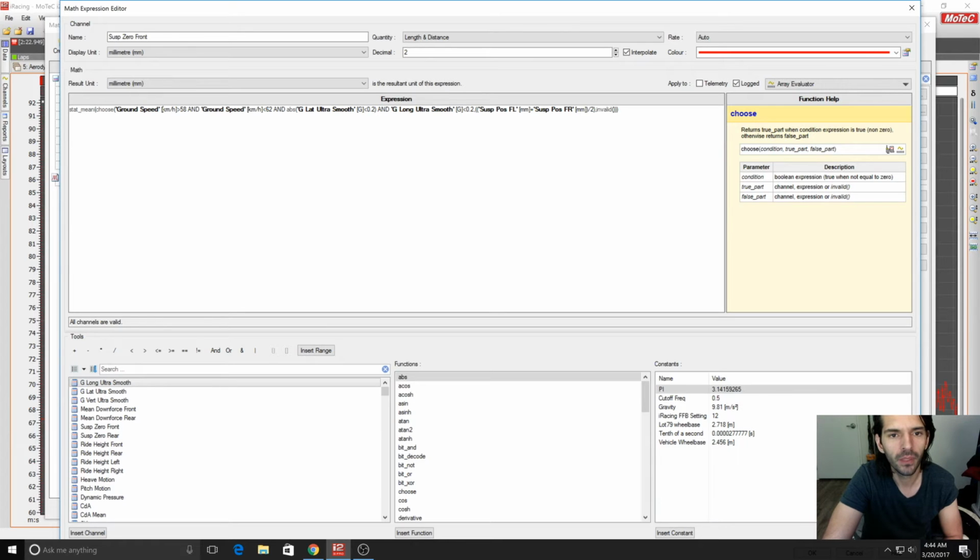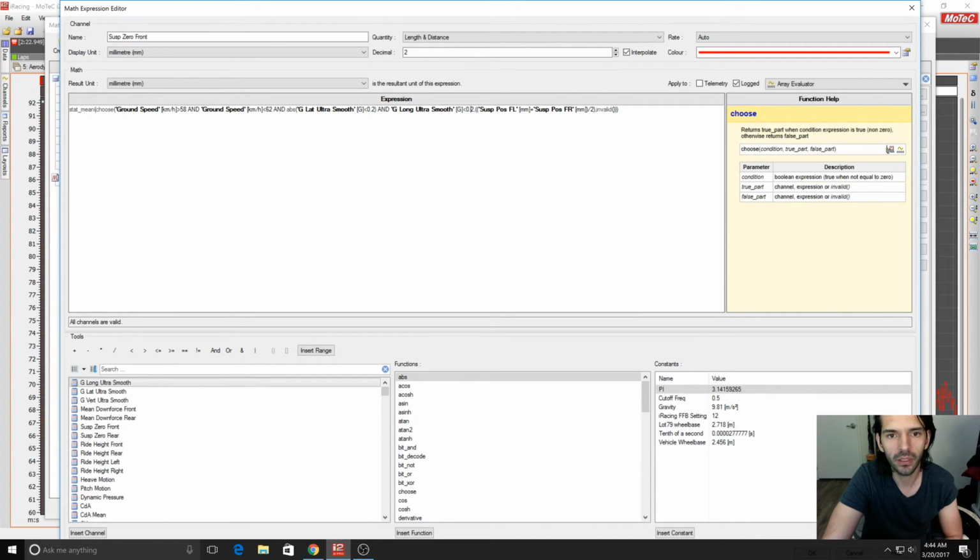To make sure the steering wheel is held straight, I put a lateral limit on the G-force. You can also change this to absolute value if you don't want to do this twice. So it's absolute value of the lateral G-force and make sure that's less than 0.2 Gs, which is a huge margin. I should lower this.